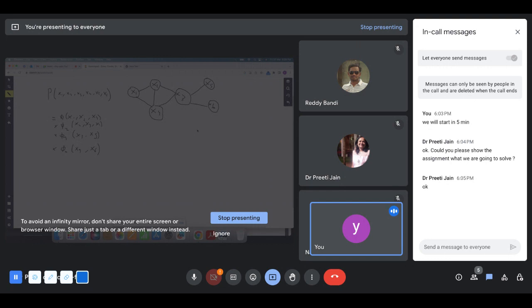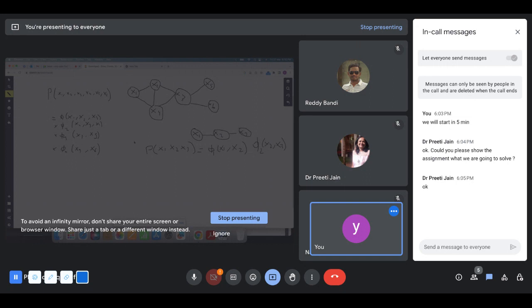Now if we have something like this, x1 and x2 and x3, this is represented by the product of two factors, that is phi 1 of x1, x2, and phi 2 of x2, x3.